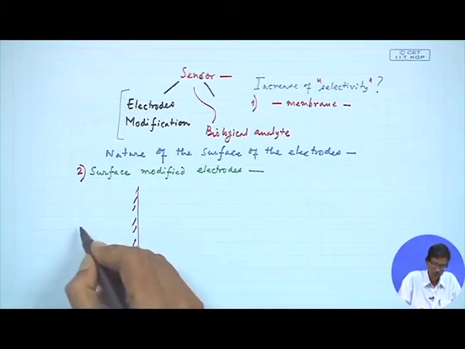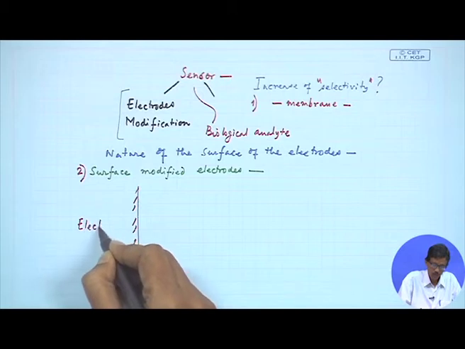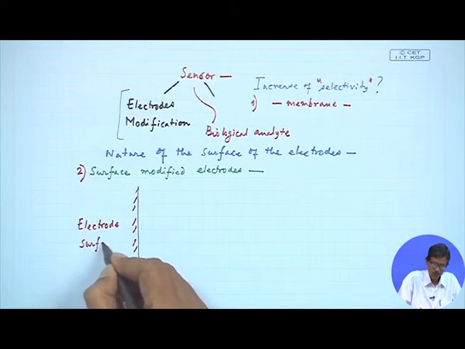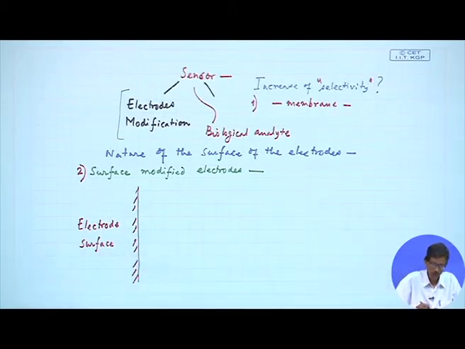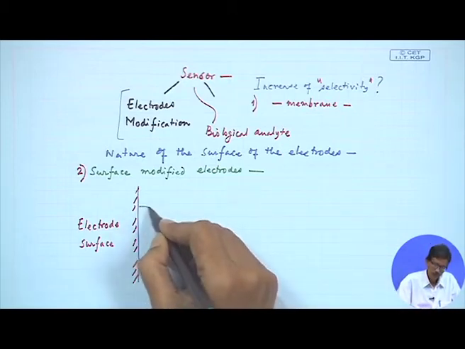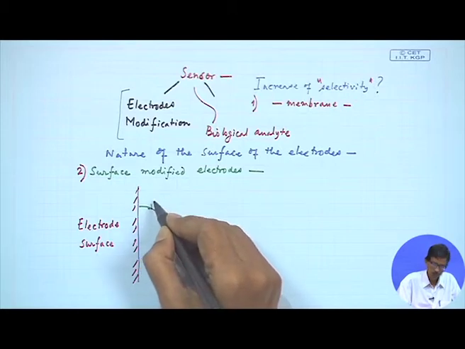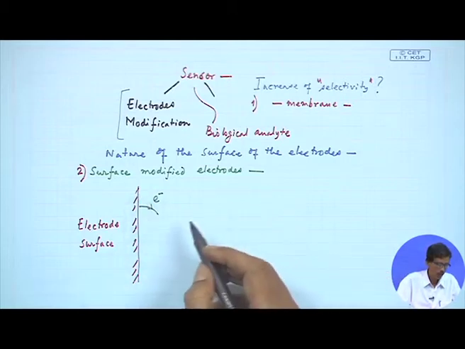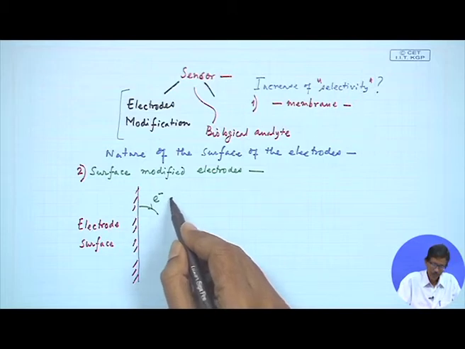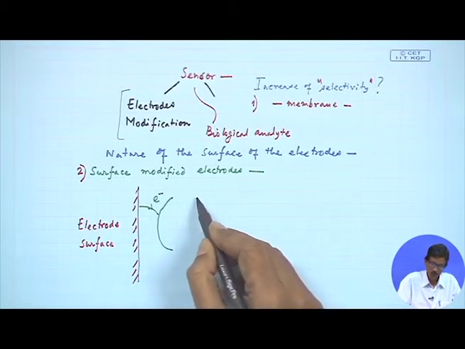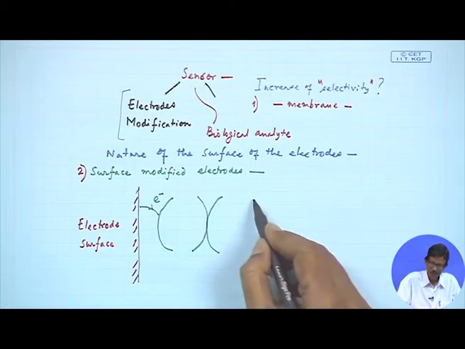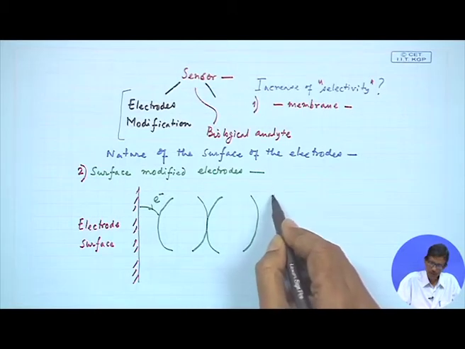So, if this is your electrode, this is the electrode surface, which will be in contact with the solution containing those analytes, and suppose it gives an electron, that means it is responsible for reduction of something. Then we can go for these modifications, and these cyclic processes, which you all know now, are easy to explain.